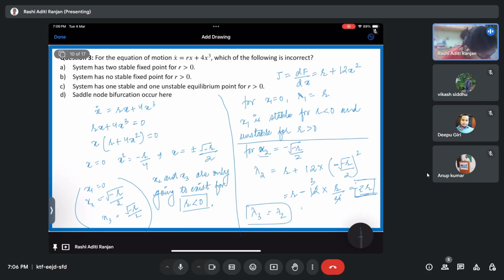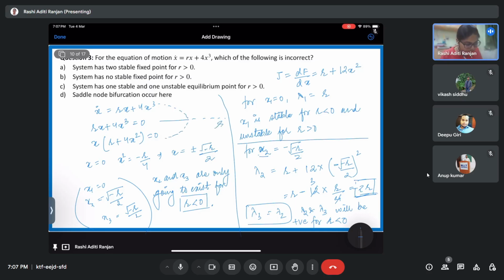So we'll have it positive for r less than 0. If I try to plot it, it will be something like this, right?